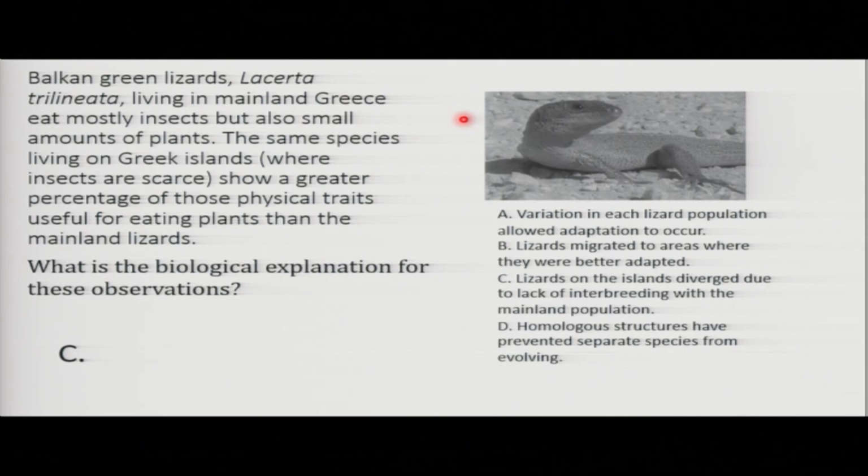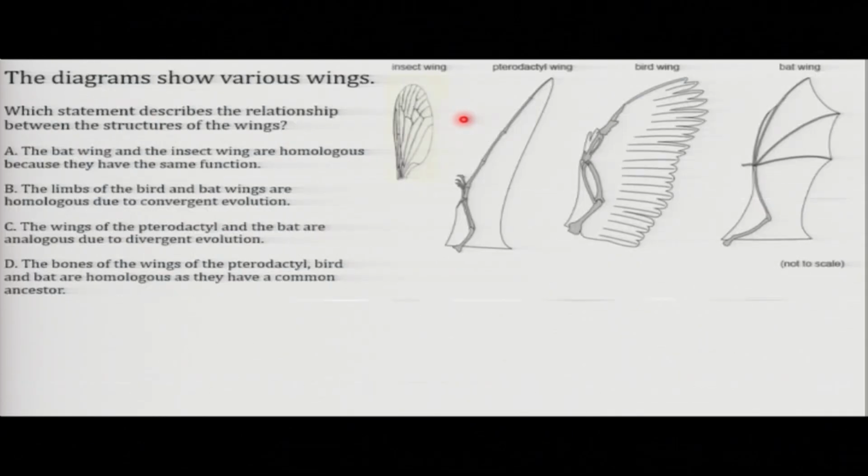All right. Let's check out another one. The diagrams show various wings, so let's look at them and check carefully. Do they look the same? And if yes, how?